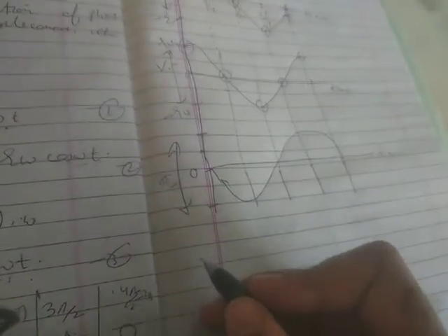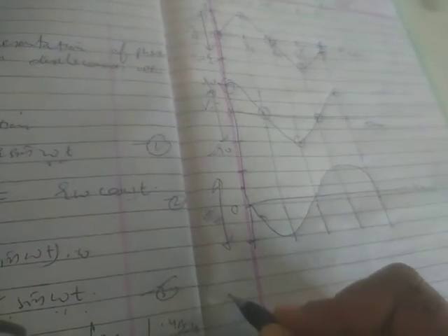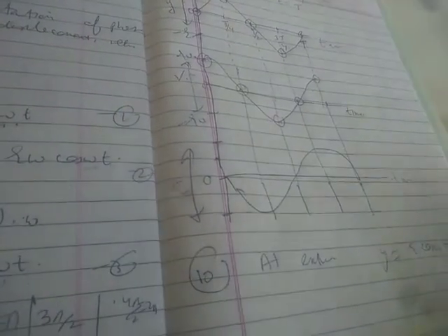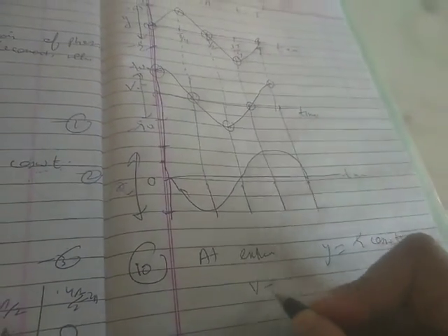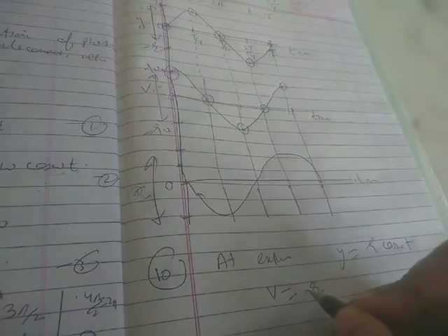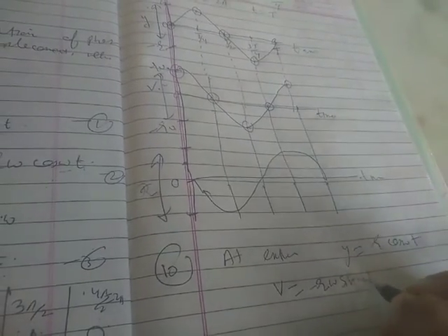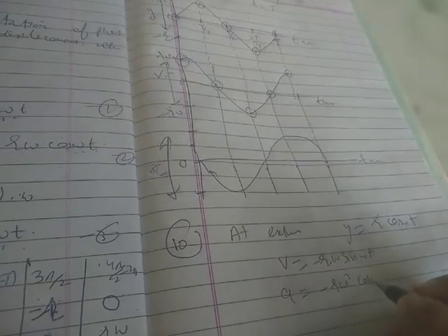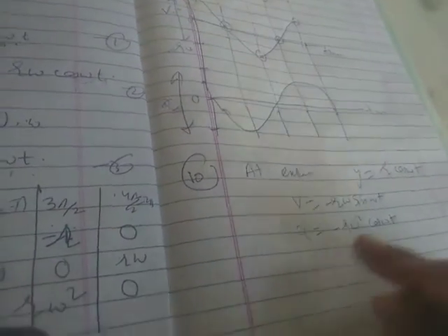Now the second situation, when the particle is at the extreme position, when y is equal to r cos omega t. If y is equal to r cos omega t, then v will become minus r omega sin omega t. Then acceleration becomes minus r omega square cos omega t. I have written it similarly.